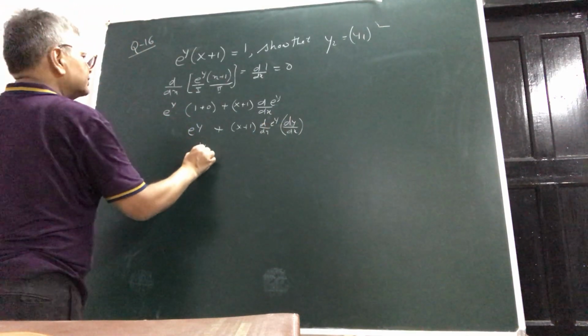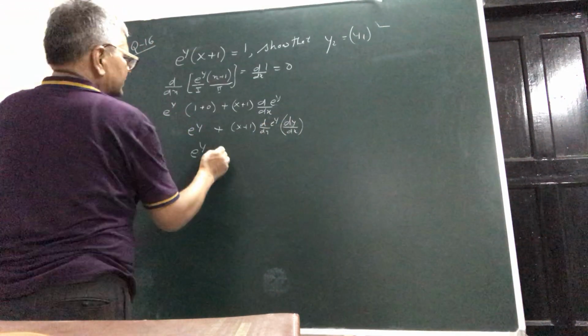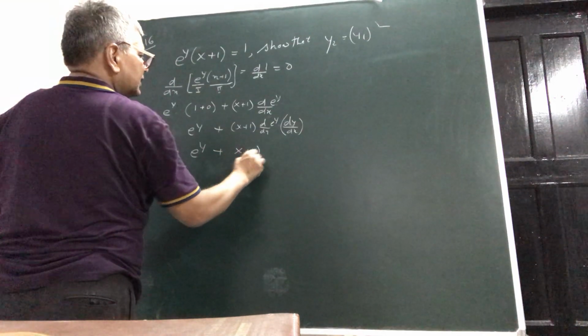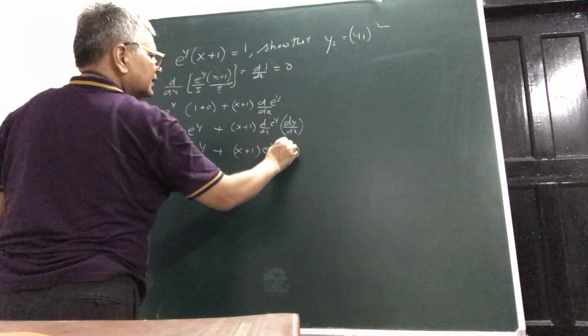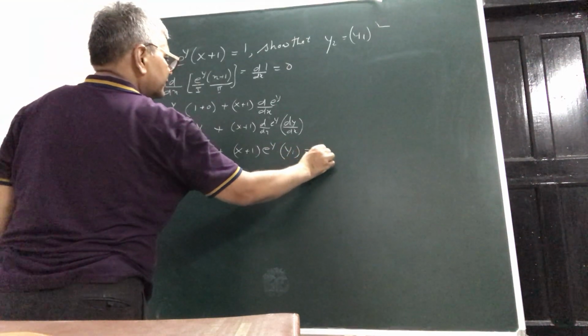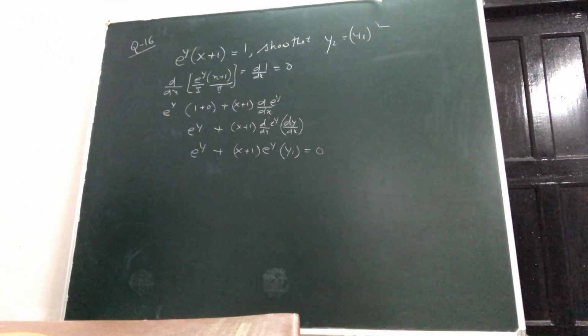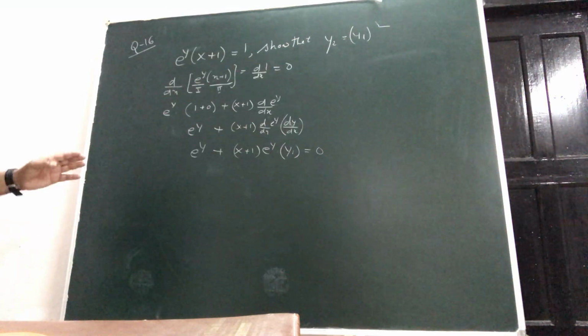So it is e raised to power y plus (x plus 1) e to the power y into y1. 1 is 0. So this is what you have obtained now.